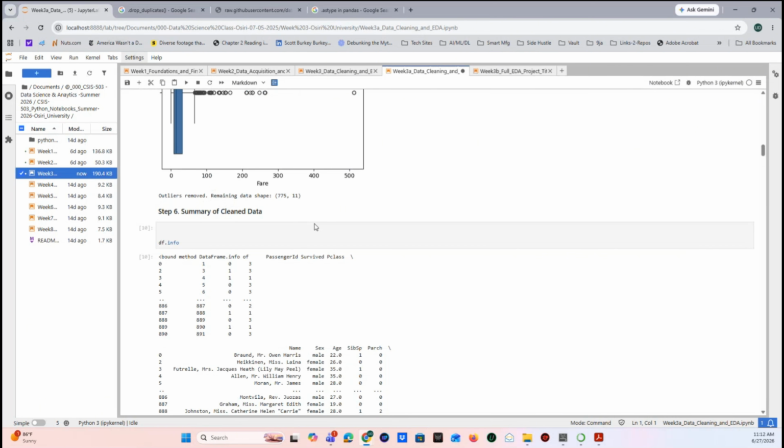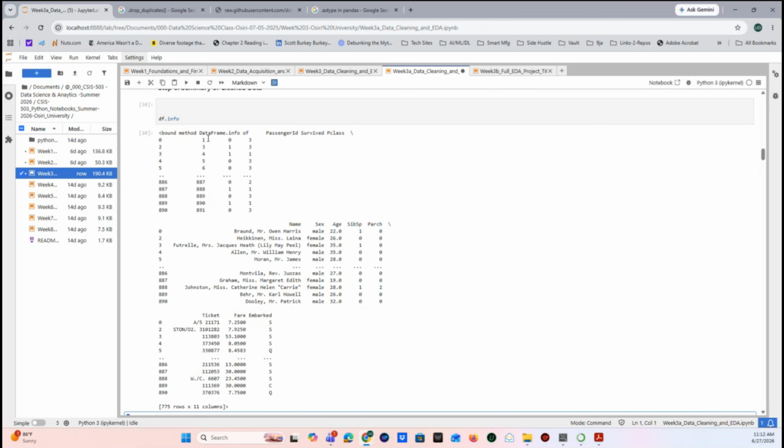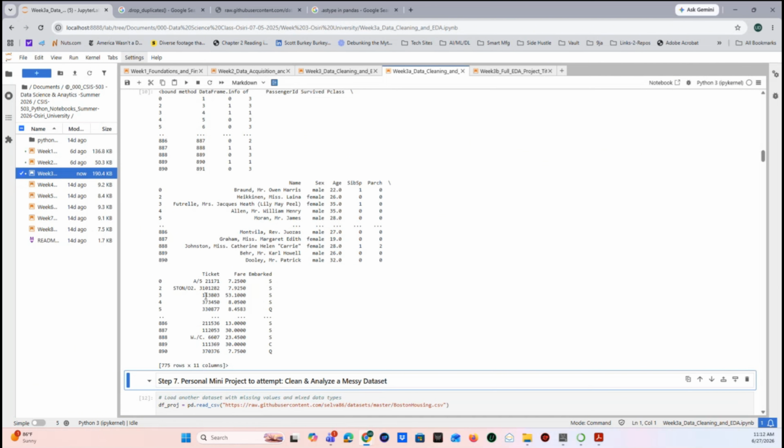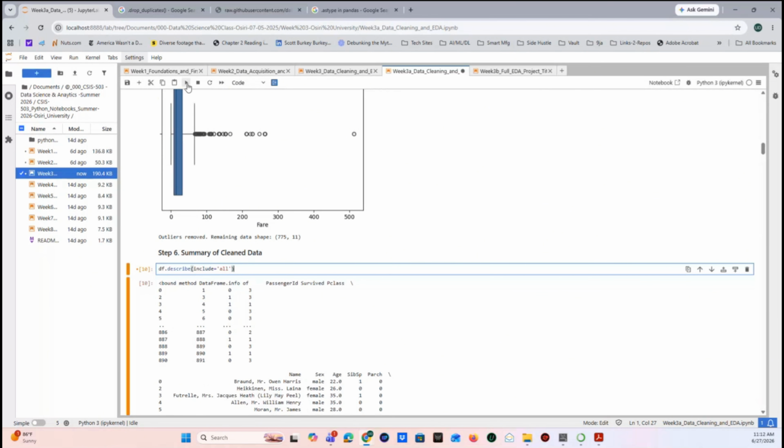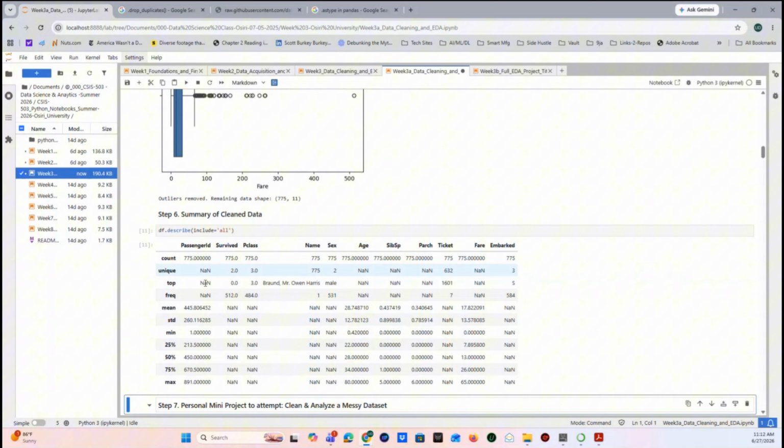So this is your .info. Essentially, it gives you all of the information, the summary on each of these columns. But then this is what describe does. Describe goes in there and gives you, for each column, how many rows there are, how many unique values, the mean, the standard deviation, everything for each of these.